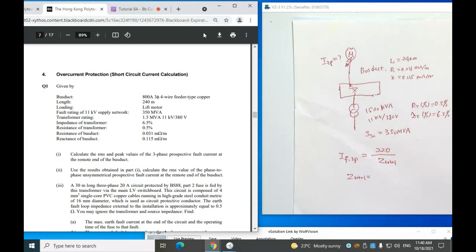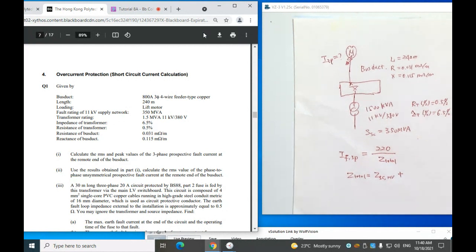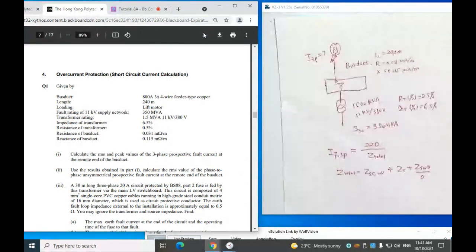The total impedance includes the one for the HV circuit, which is determined by the short circuit capacity, and the transformer impedance. Of course, the switchboard impedance we can let equal 0 because we are not given any information, or you just put some small number.